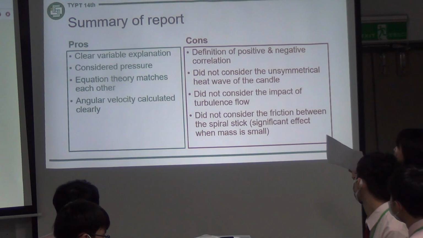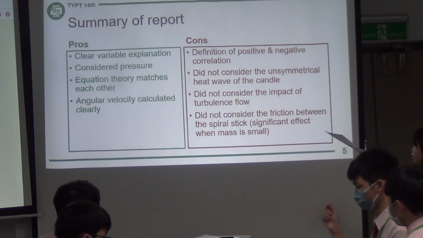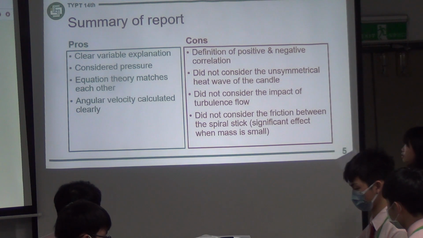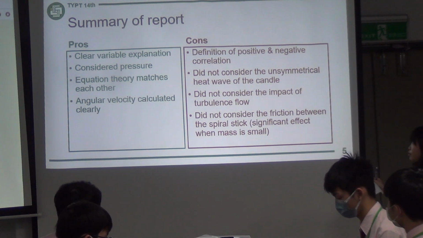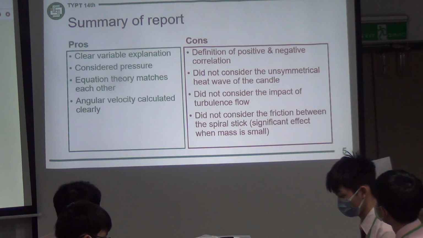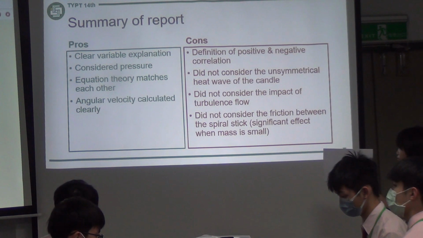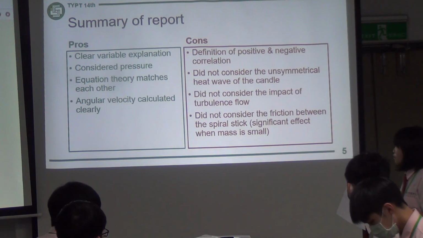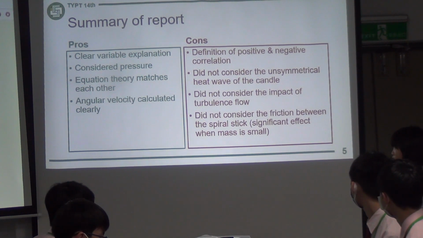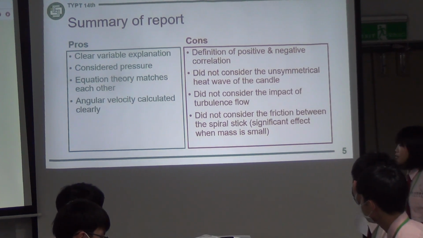So moving on to the pros and cons of the report. They have clear variable explanation, they consider pressure, the equation and theory match each other, and angular velocity is calculated clearly. They also take the actual gas condition into account instead of just using the ideal gas equation.